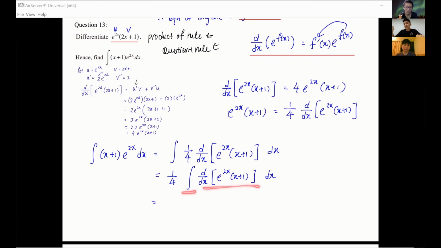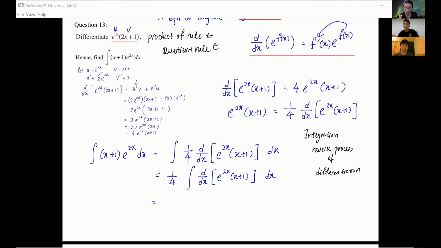We know that integration is the reverse process of differentiation, right? Integration is just the reverse process of differentiation. So now you differentiate and then you integrate. What does it give you? You differentiate and then you integrate.